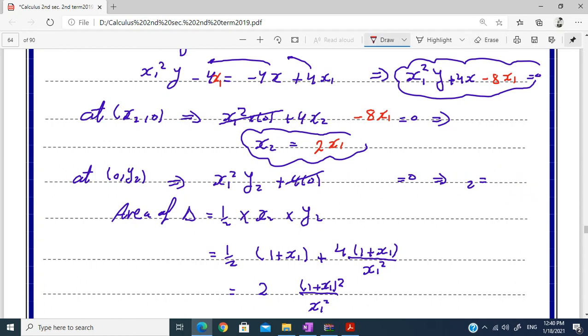So this will be minus 8x1. So y2 will be 8x1 over x1 power 2, which equals 8 over x1.